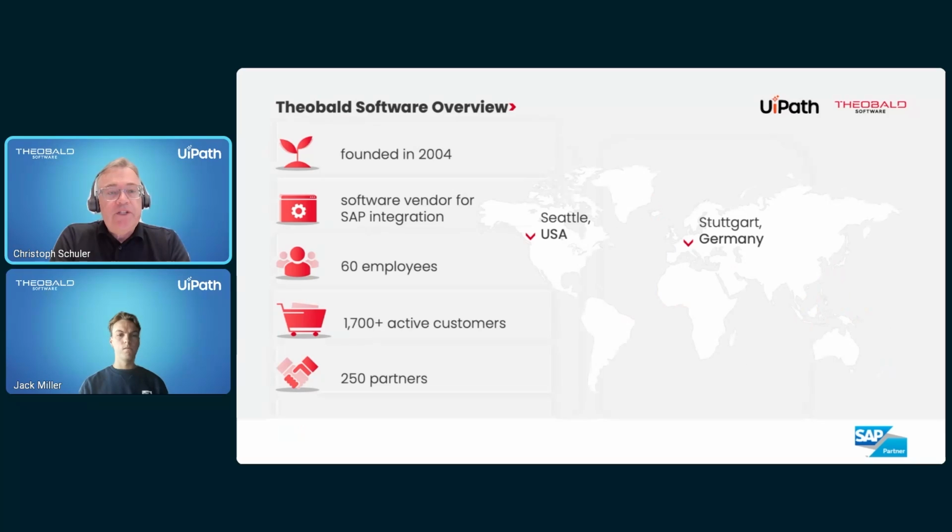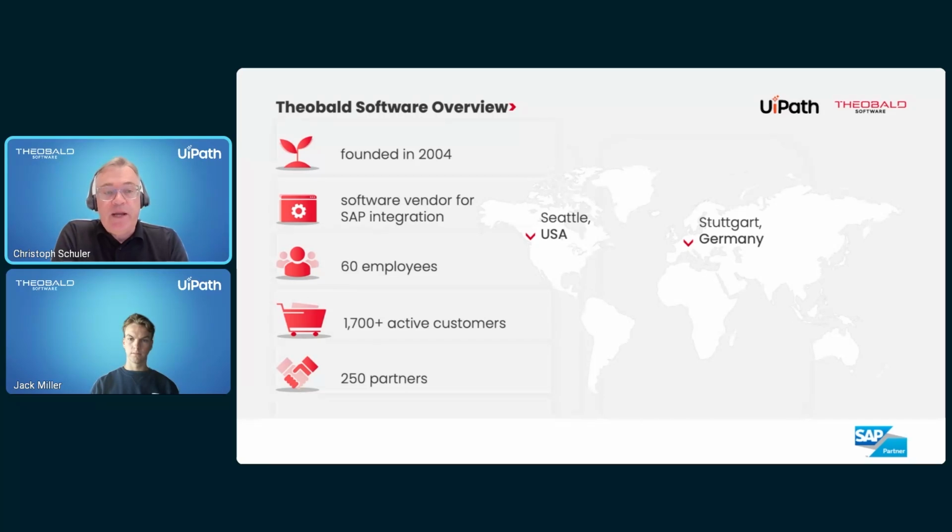So let's go ahead and start with a brief introduction about Theobald Software. Our company was founded just over 20 years ago, and we're a software vendor specializing in SAP integration. We have globally around 60 employees, primarily at 2 locations, our headquarters in Stuttgart, Germany, not too far from where SAP's headquarters is. And we also have presence here in the US, in Seattle.